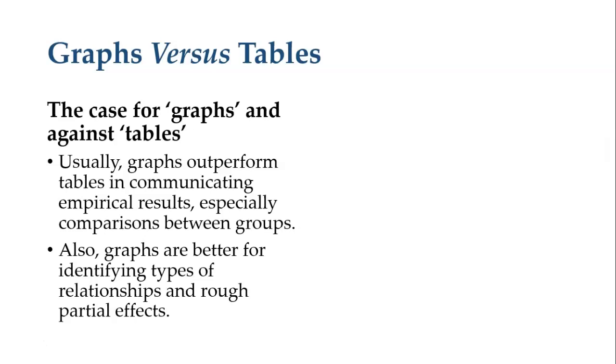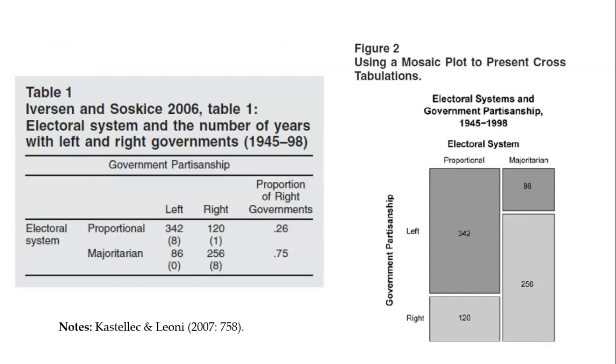For that reason, I think sometimes it's very powerful to use figures to present the results of a statistical analysis. And actually, some authors such as Kastellec and Leoni, for instance, make a very strong case for using graphs instead of tables. Look at this example of how they encourage us to use mosaic plots instead of cross tabulations. And honestly, this mosaic plot is beautiful.